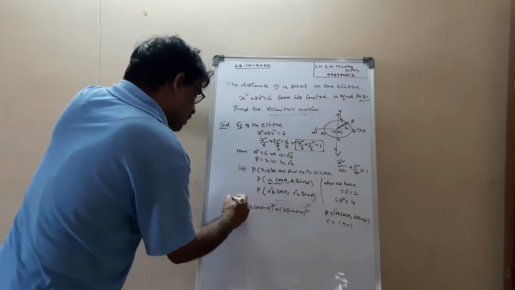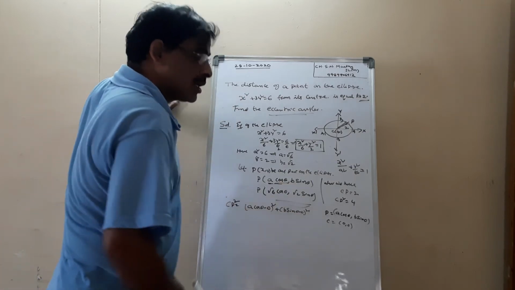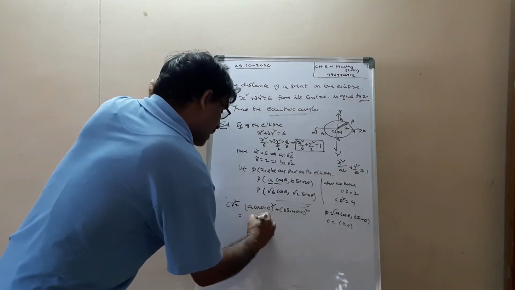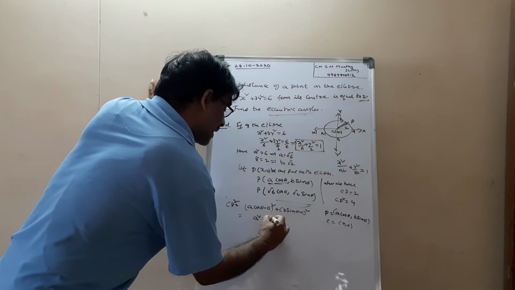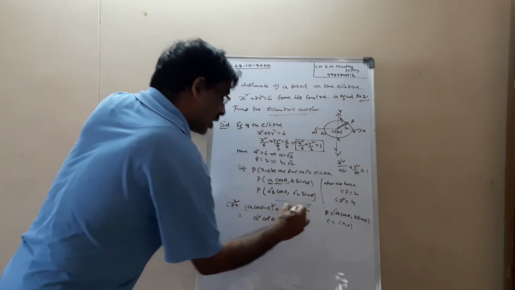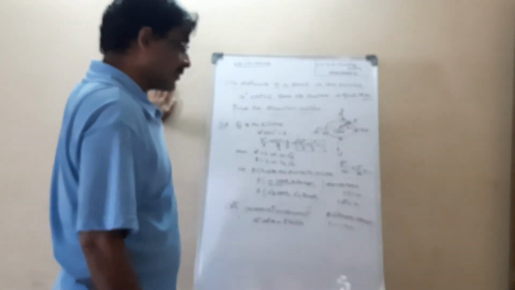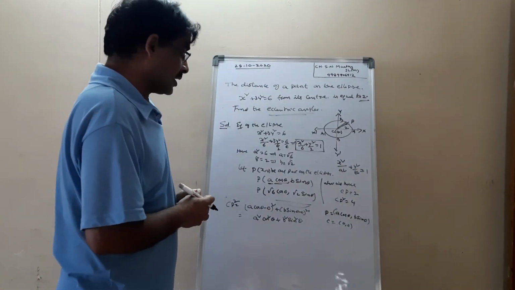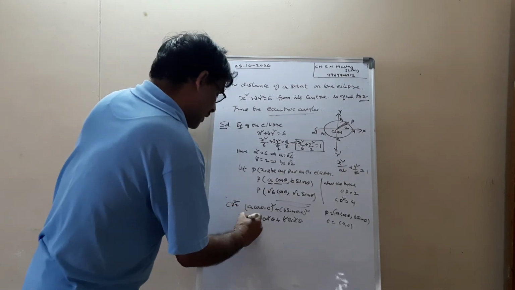If you take CP square, there is no need of writing the square root. Then it is equal to a square cos square theta plus b square sin square theta. This is the CP square value.